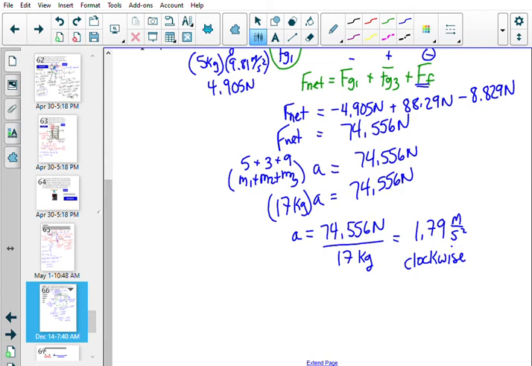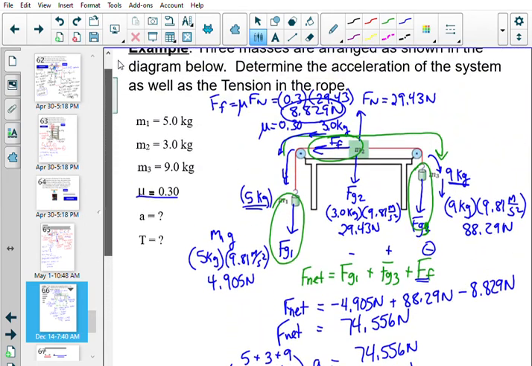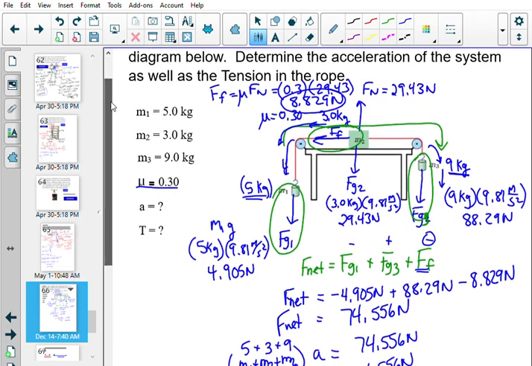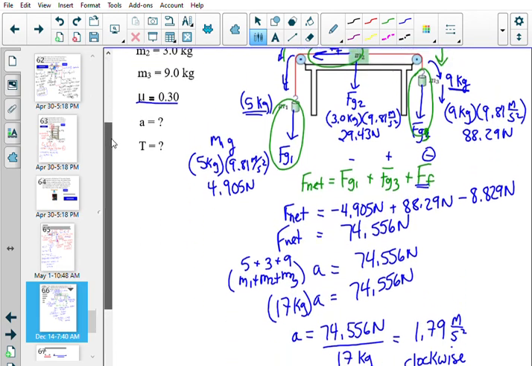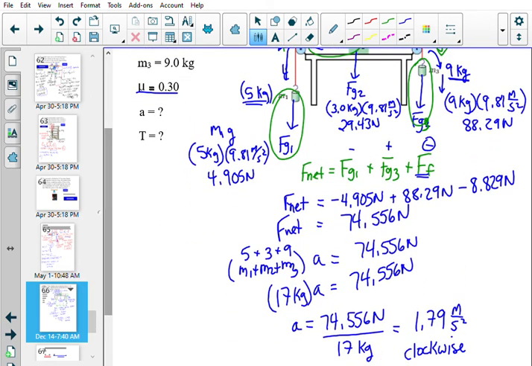We're not quite done the question because I'm pretty sure it asked us for what the tension in the rope is. So to get the tension in the rope, you can use any one of the three masses. So let's use this one right here. Let's use mass 1. So using mass 1, we know we're going to write an F net formula.